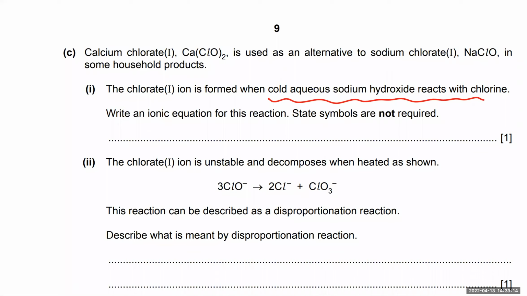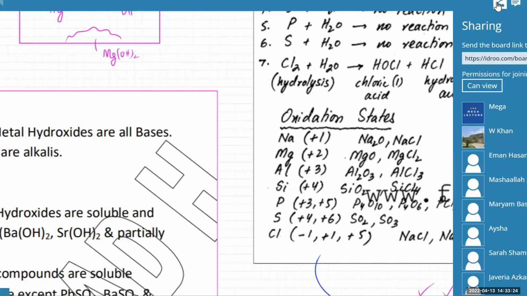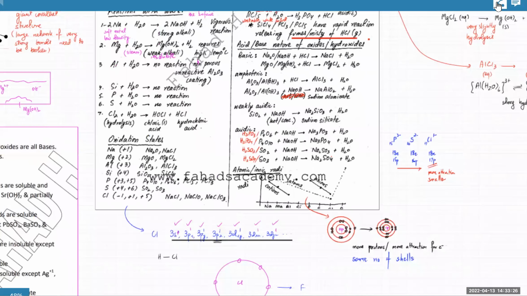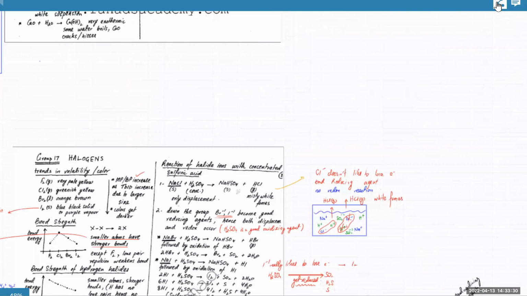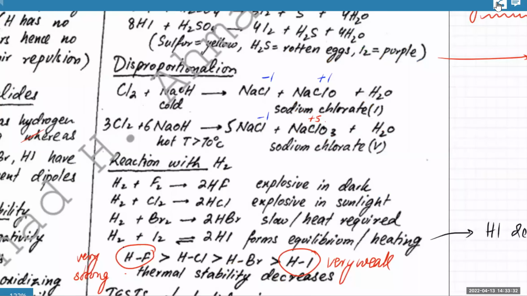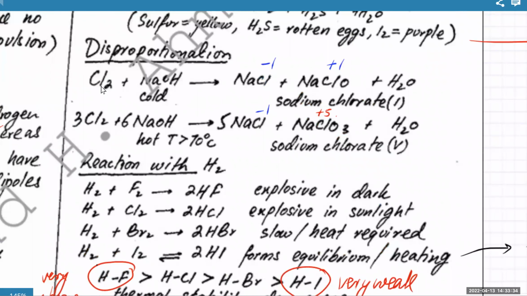If you refer to the notes, there's a specific reaction with cold NaOH and with hot NaOH that has to be remembered, where one forms NaClO and the other forms NaClO3. In group 17, you've got two reactions: one with cold NaOH, that's NaCl, NaClO, and H2O, and one with hot NaOH, higher temperature, that forms NaCl, NaClO3, and H2O.